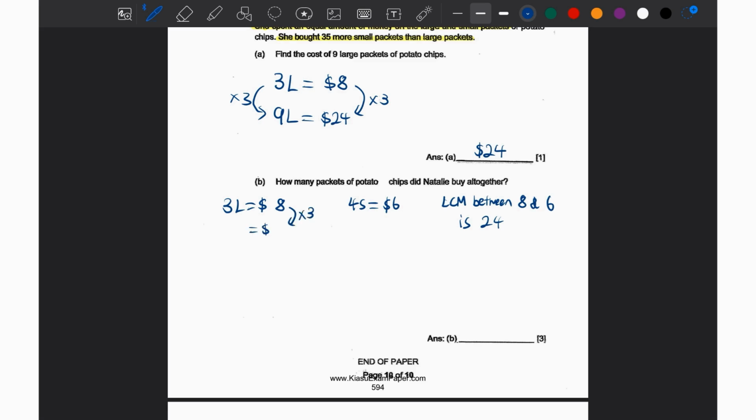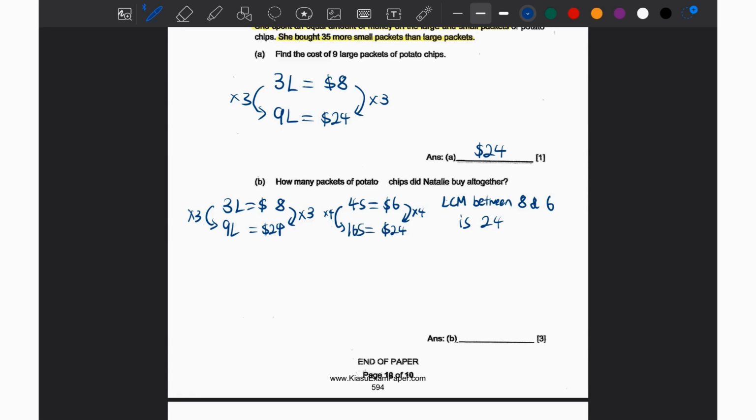So we multiply by 3 to both sides. We will get 9 large equals $24. And then for this $6 to make it $24, we need to multiply by, sorry, not 3, multiply by 4, right? Because 6 times 4 gives you 24. And then for small, you multiply by 4. So 4 times 4 gives me 16 small.